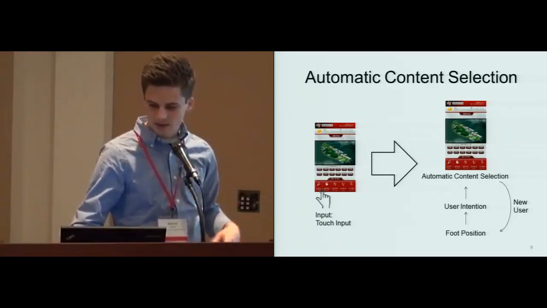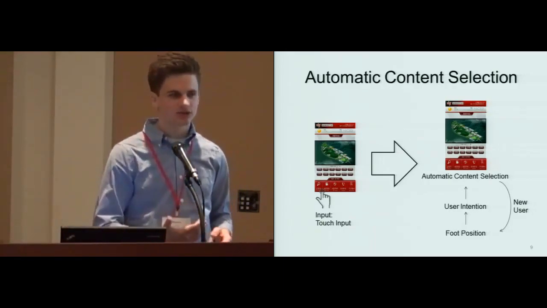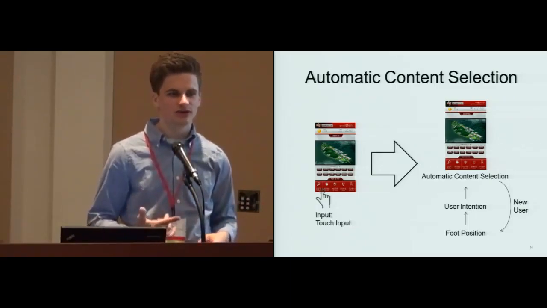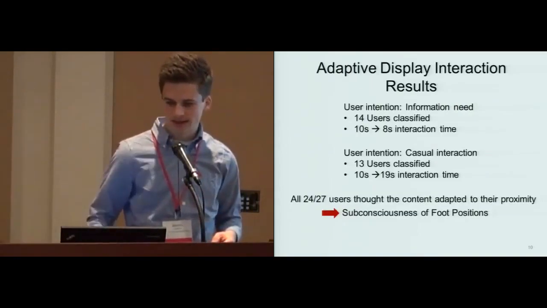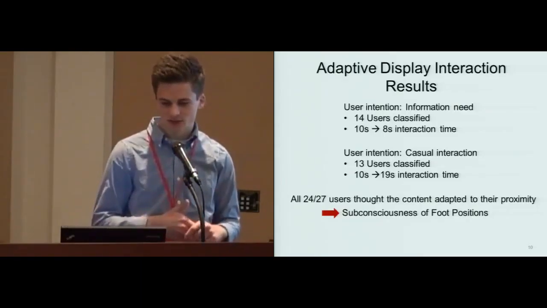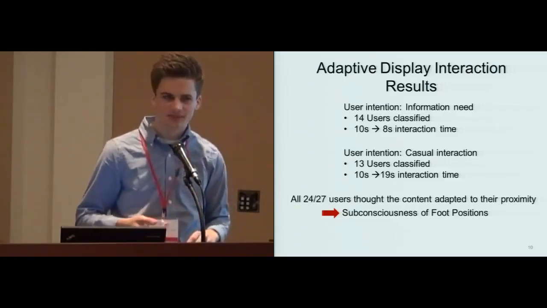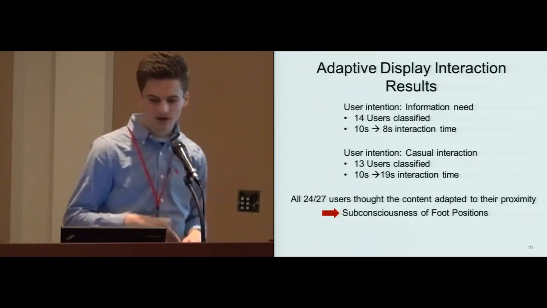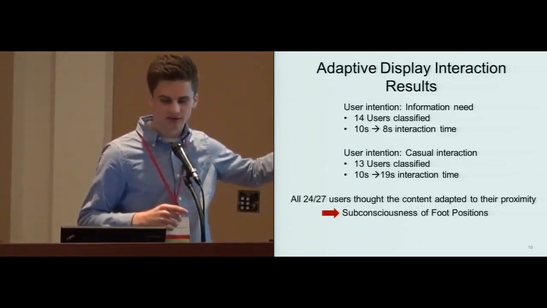So basically, in this design, the user approaches the display, and as soon as the system recognized or logged the foot position, the appropriate content was shown. And I collected results from another 27 users, where 14 people were extracting information, and their interaction time was reduced from 10 seconds in the non-adaptive display to 8 seconds.